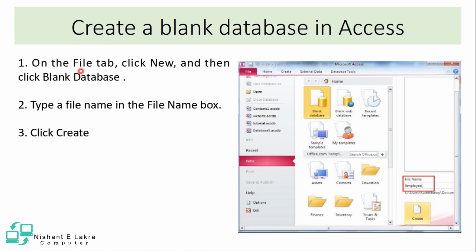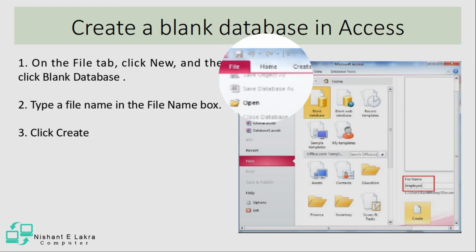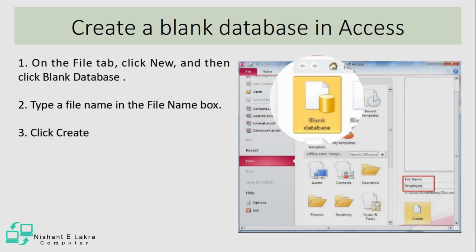The first step is on the File tab, that is over here. When you click on the File tab, the option New will appear, and click on that New, and then click on Blank Database that you can see here.